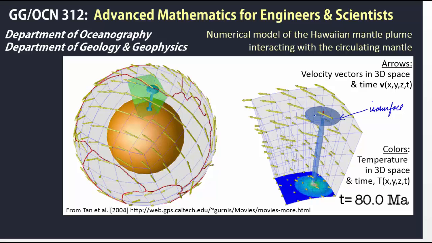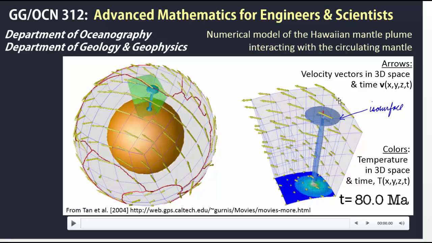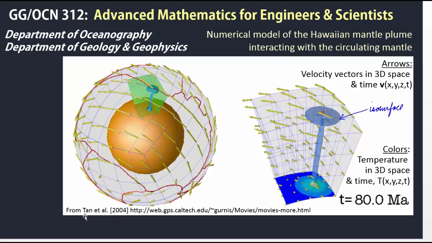Now I mentioned these properties also vary in time. Time here, T, is measured in million years ago. So this is a picture of a model of the Hawaiian mantle plume 80 million years ago. To display how these properties vary in time, I'll show a movie here.